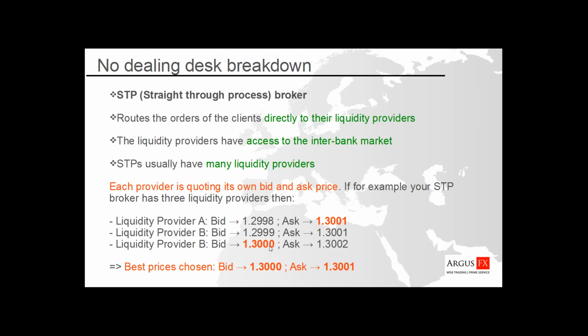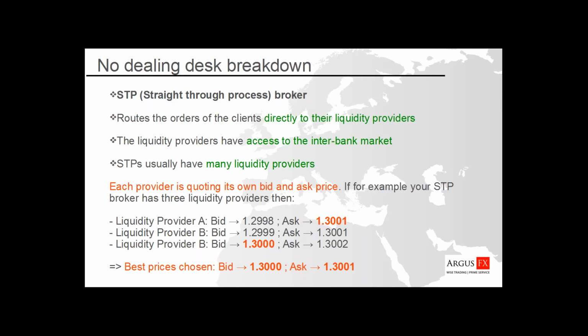So basically, if your STP broker has 3 liquidity providers or more, the prices that you'll see on your trading platform are the best prices, the best bid price and the best ask price. Because as we said again, it's all about fairness, to get the best possible price for the trader.